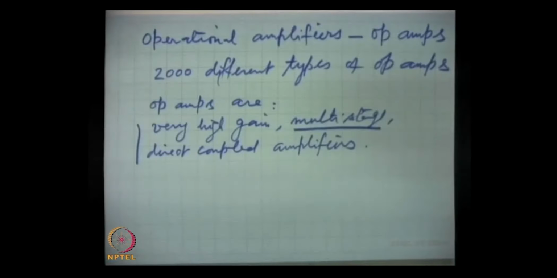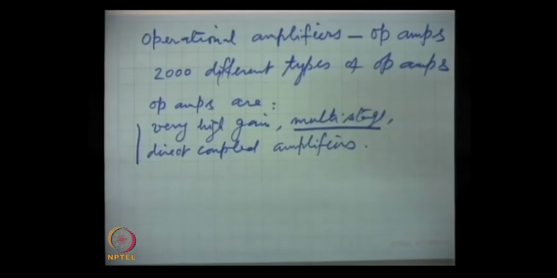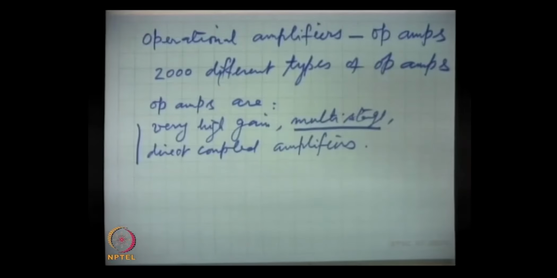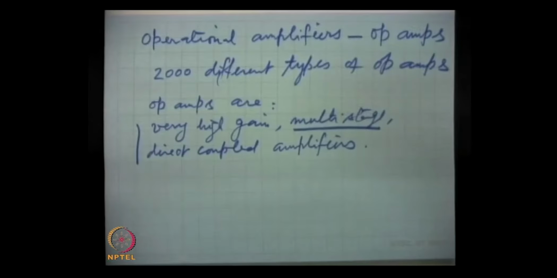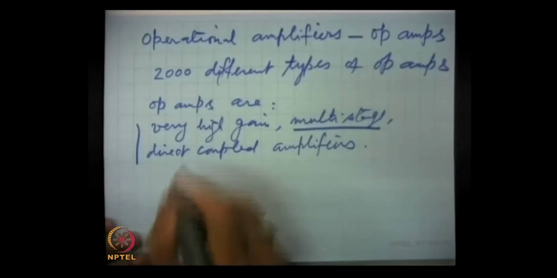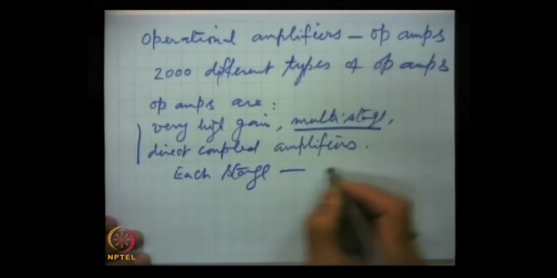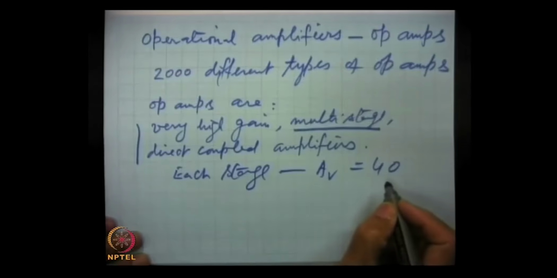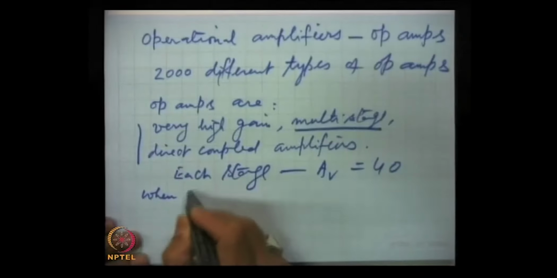About multi-stage we have studied, and the major point I repeat: if we have two amplifiers, for example, with gains of 40 and 40 individually, when they are cascaded, connected in series to form a two-stage amplifier, then each stage has a gain AV equal to 40.